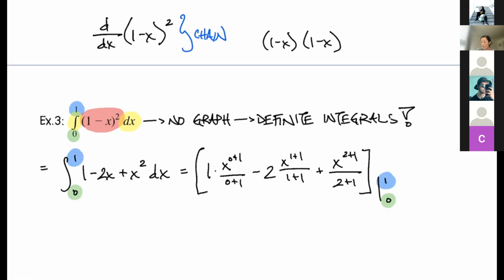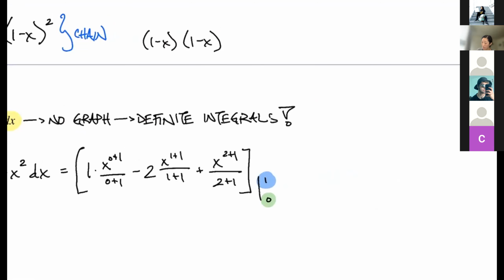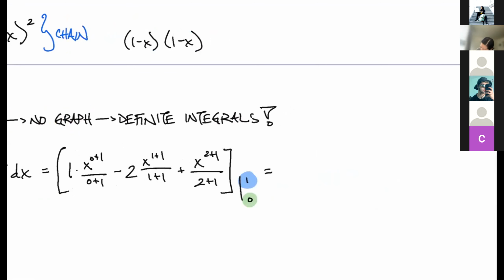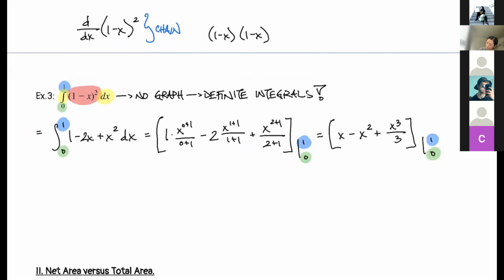Okay. Now, again, this looks really gross, so let's simplify before we start plugging in any numbers. So x minus, let's see, 2x squared over 2 is just x squared, plus x cubed over 3. And we're going to plug in 1 and 0. And after we plug in 1 and we plug in 0, we are going to subtract them. All right, let's plug in our numbers.